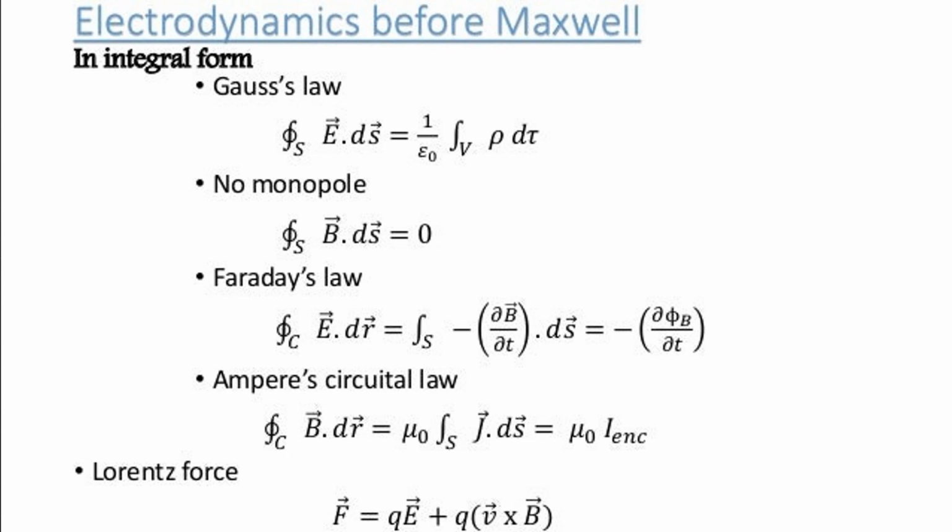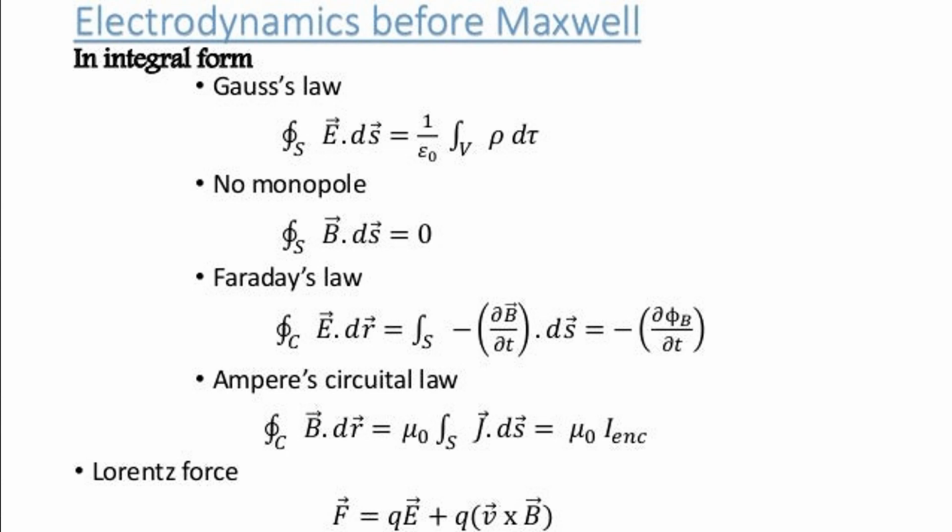In integral form, it is represented as the closed integration of electric field with the length vector of the wire in which current is flowing, which is equal to the change of magnetic flux with respect to time, that means minus d phi B upon dt. And the fourth one is Ampere's circuital law for a current carrying wire.